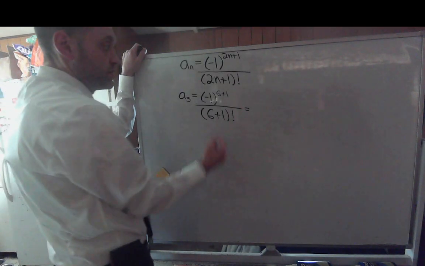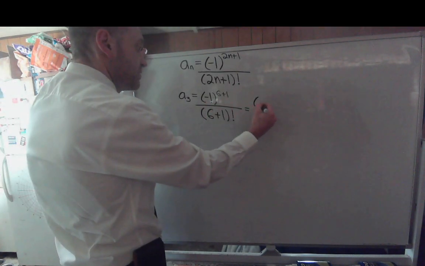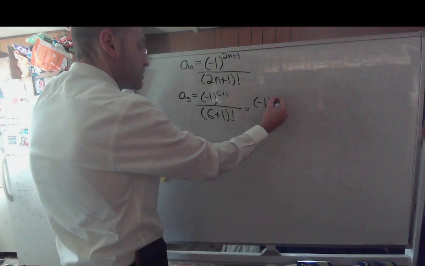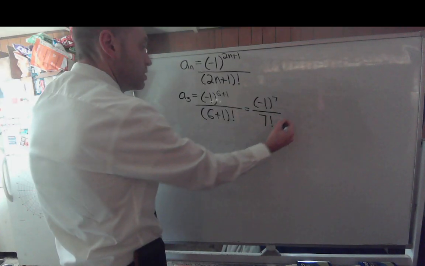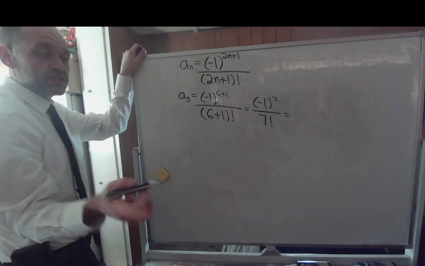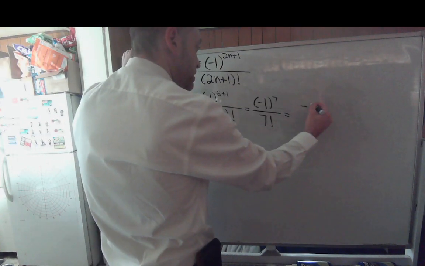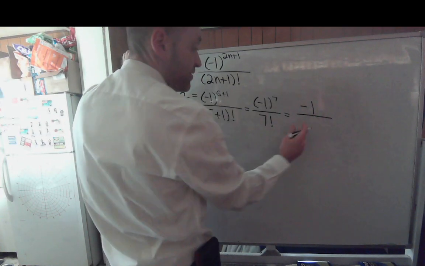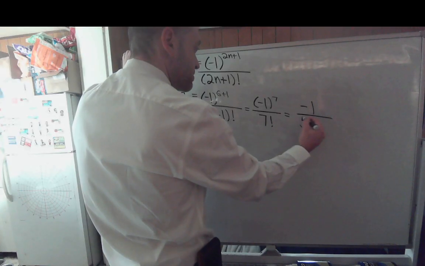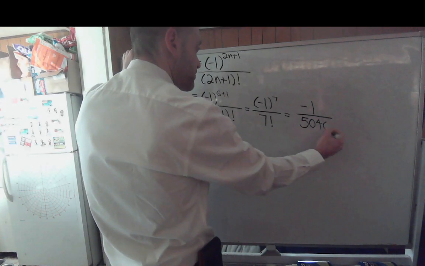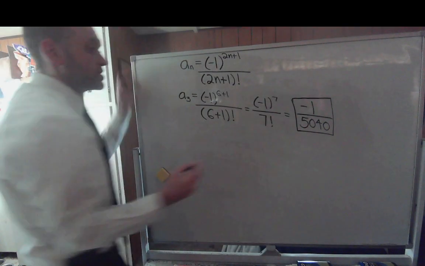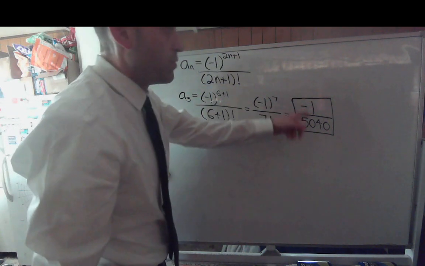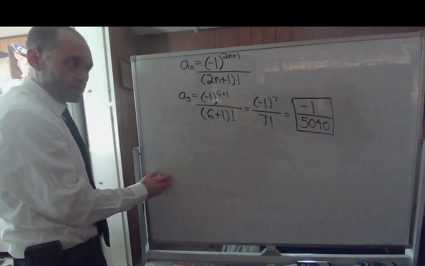Well, that's going to equal -1 to the 7th, all over 7 factorial. -1 to the 7th is -1. And then 7 factorial we've already determined was 5040. So that means the third term of this particular sequence is going to be -1 over 5040.